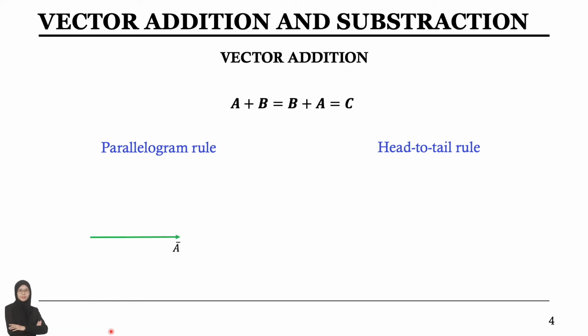Following the parallelogram rule, we draw A and B from the same point and keep the magnitudes and directions unchanged. Vector C is the diagonal of the parallelogram formed by vector A and vector B.